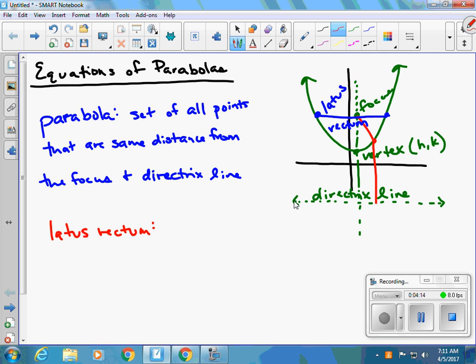This is a line segment from the focus of the parabola and perpendicular to the axis of symmetry. And if you notice, the axis of symmetry is the line that's vertical going through the vertex.